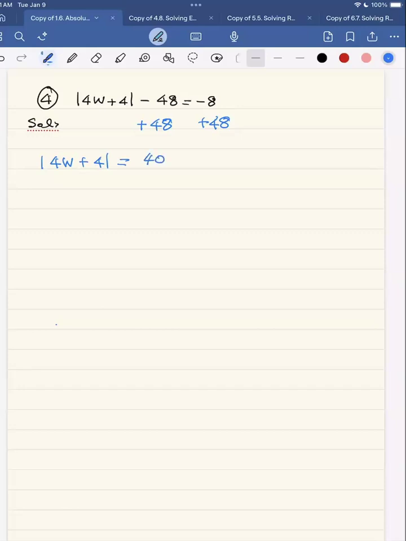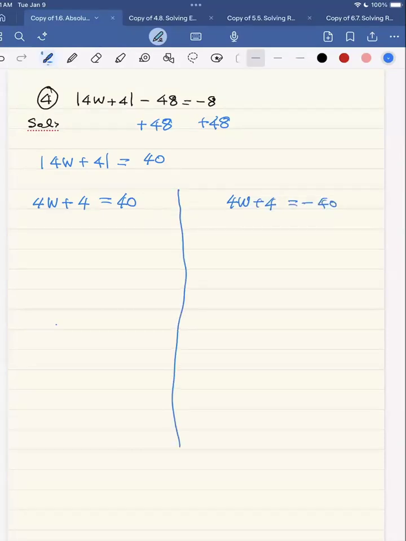We have two possibilities. What's inside the absolute value sign? 4w plus 4 equals 40, or 4w plus 4 equals minus 40. Let's solve both problems. We subtract 4 on both sides.